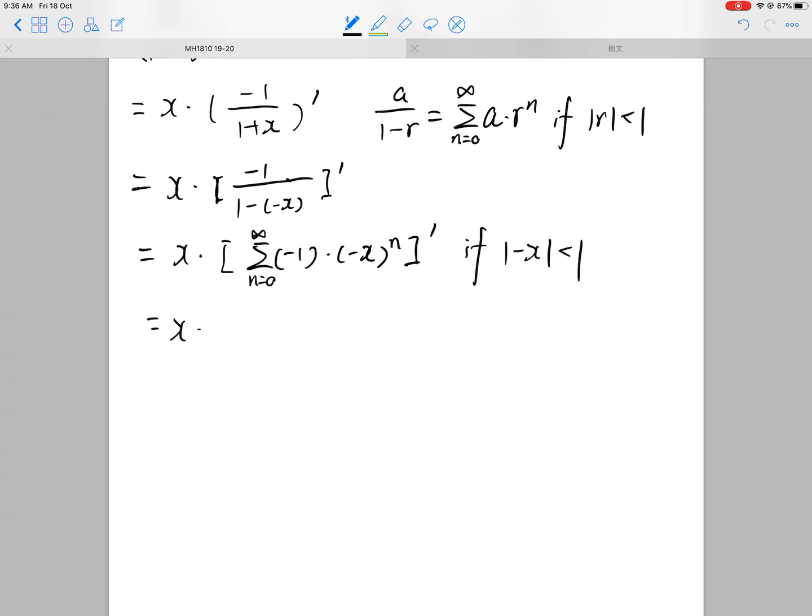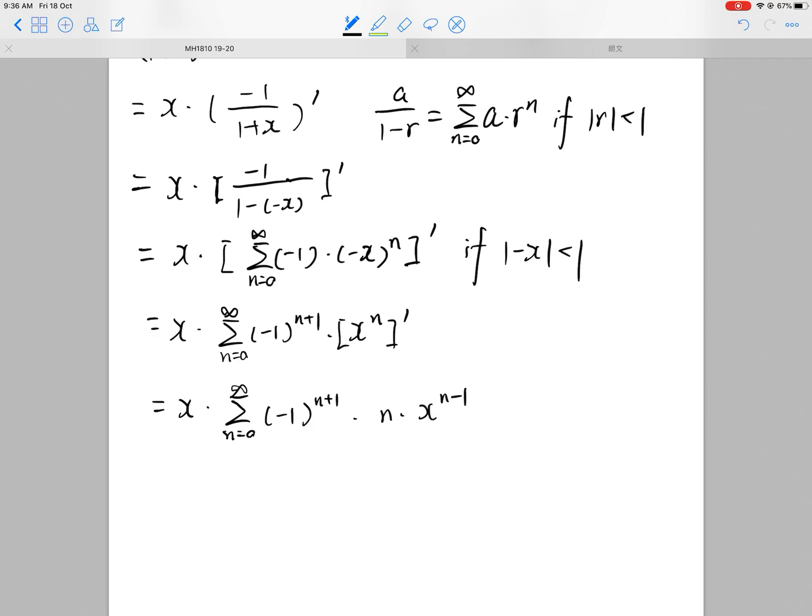So it's x times, here in total I have negative 1 to the power of n plus 1, and I have x to the power of n, derivative. Okay, I want this part's derivative, so it's just n times x to the power of n minus 1, right?